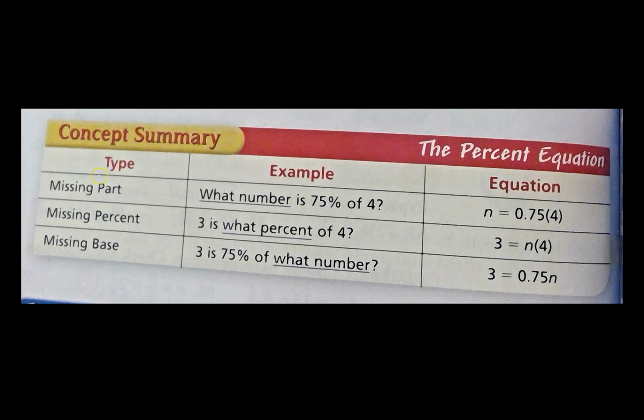So if we're missing the part in this equation, it'd be: what number is 75% of 4? It would look like this. Remember we have part equals percent times base.